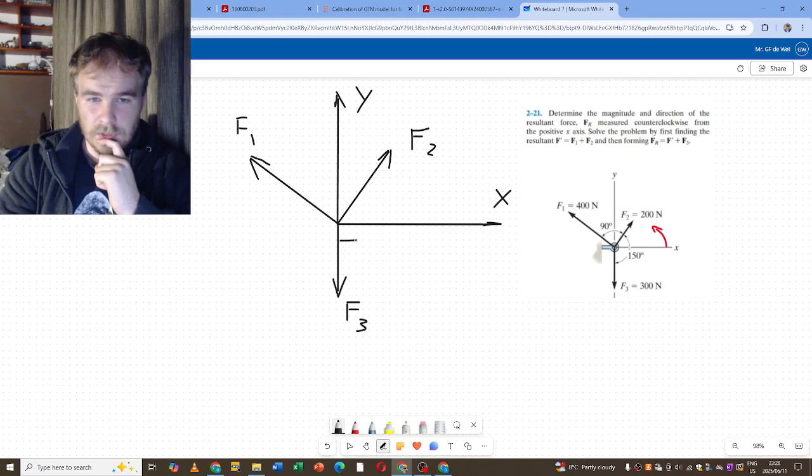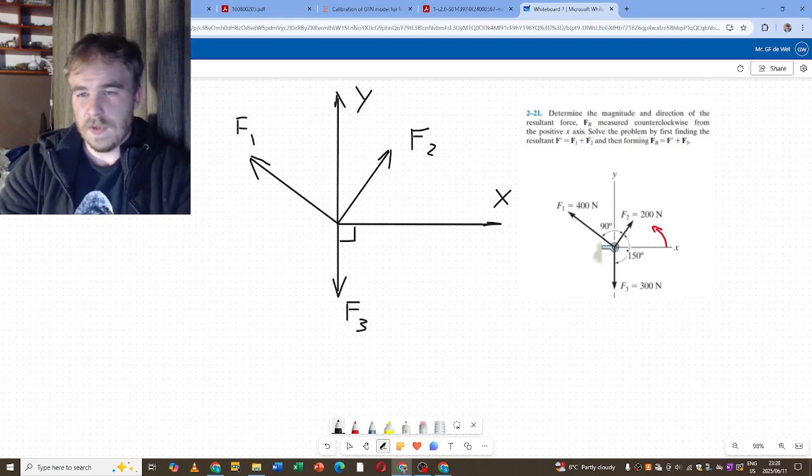So this is a 90-degree angle. That's easy. So it's 150 minus 90, then we have a 60-degree angle over here. And this one is 90 degrees removed, so this is 60, then this is 30.